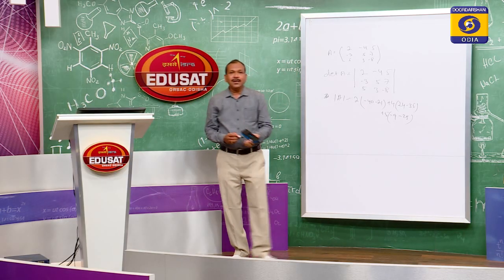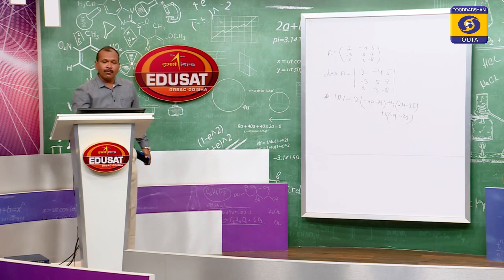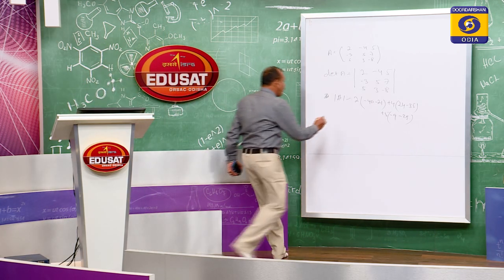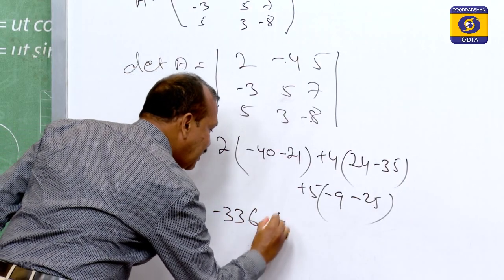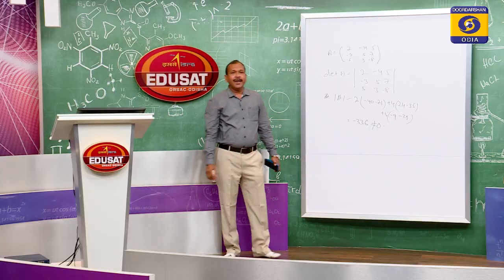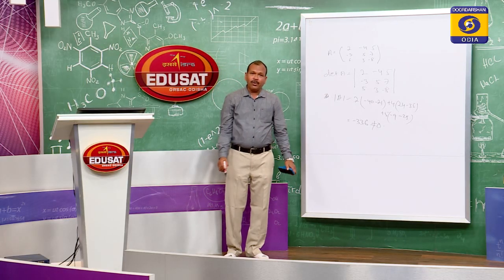By solving this, the d value becomes minus 336, which is not equal to 0. Hence the linear system is solvable.